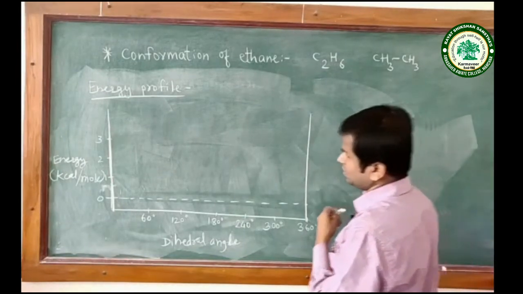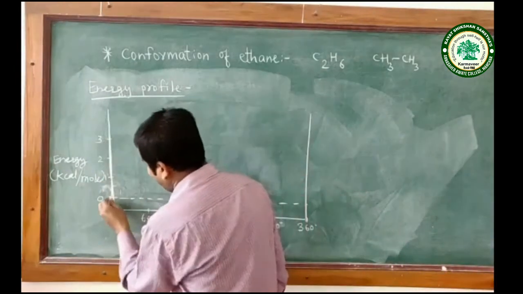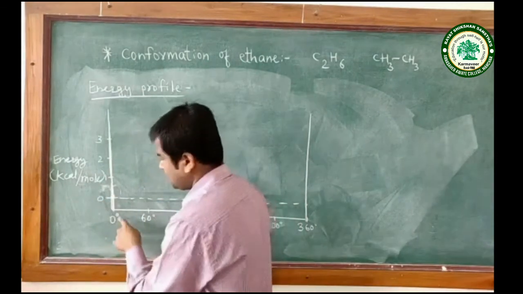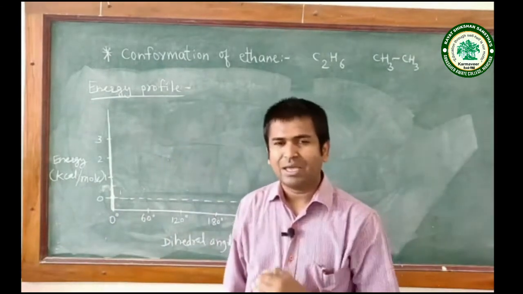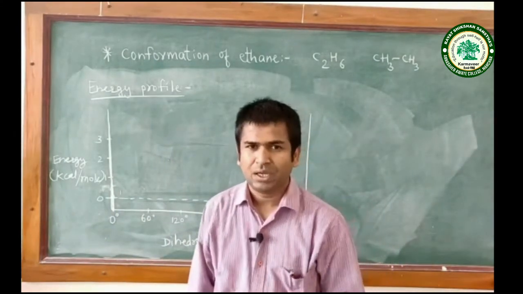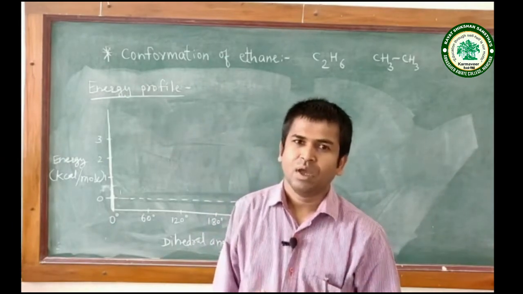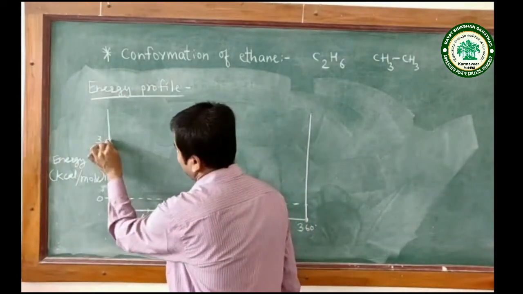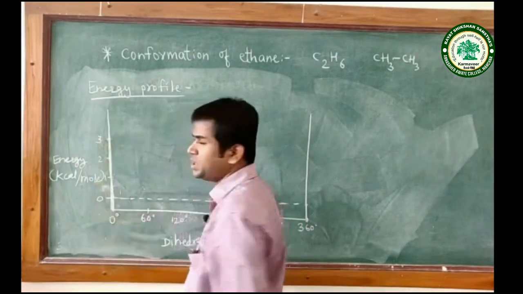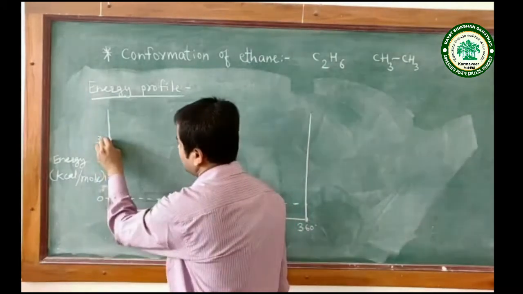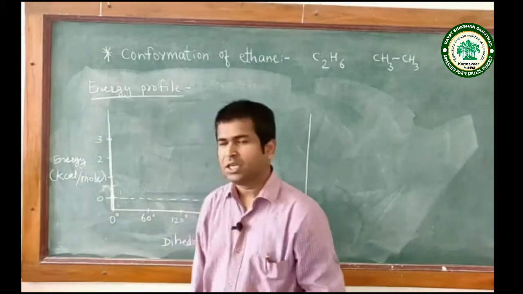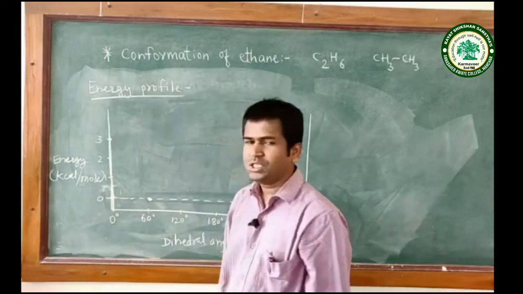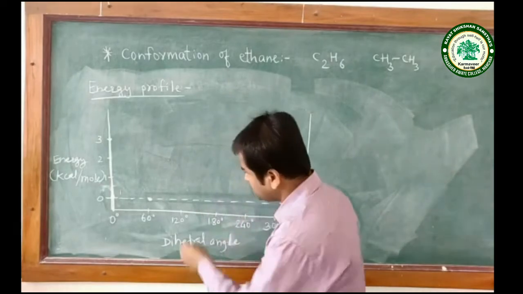Okay. Now, when dihedral angle is 0, at 0 dihedral angle, we obtain an eclipse conformation of ethane, and energy of eclipse conformation is 3 kilocalorie per mole. At 60 degree, we obtain staggered conformation having energy 0 kilocalorie per mole.